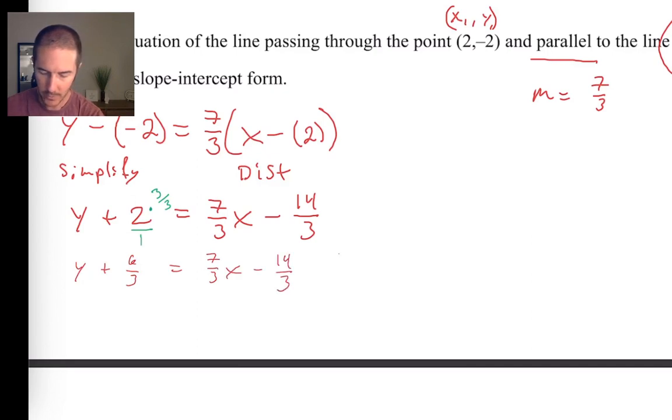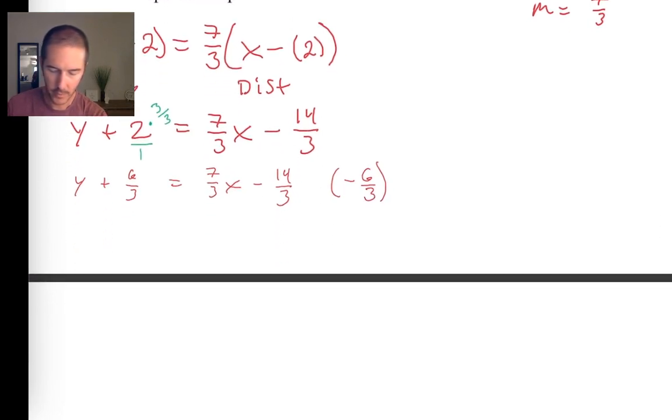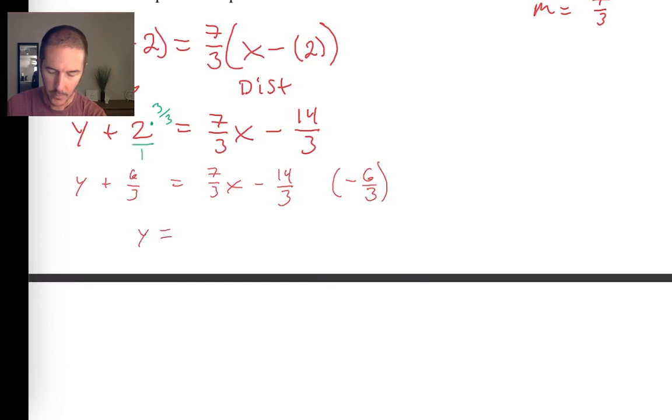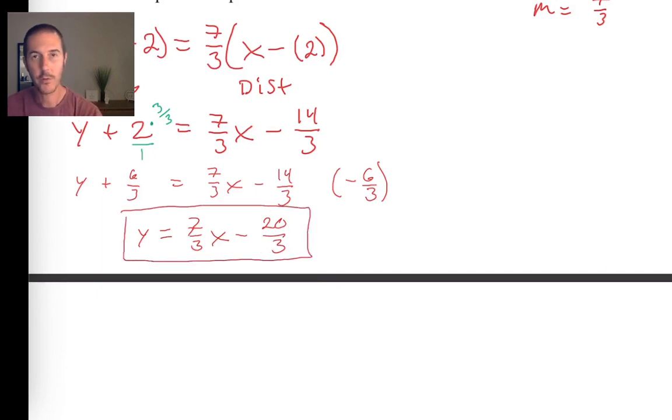And now we can subtract the 6/3 from both sides of our equation, leaving us with a final answer of y equals 7/3 x minus 20/3. This is a great example of a problem where you would not want to switch over and work it with decimals.